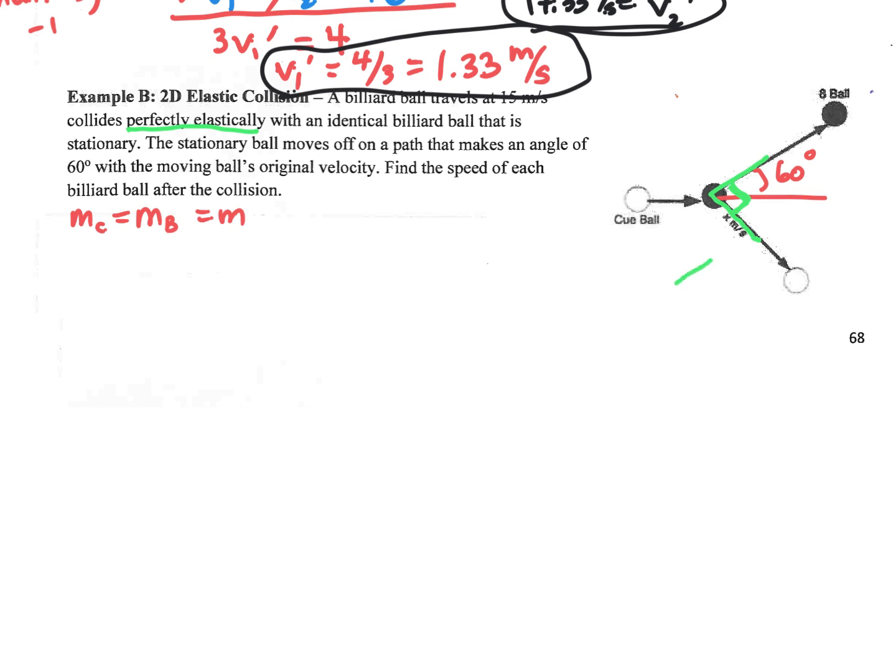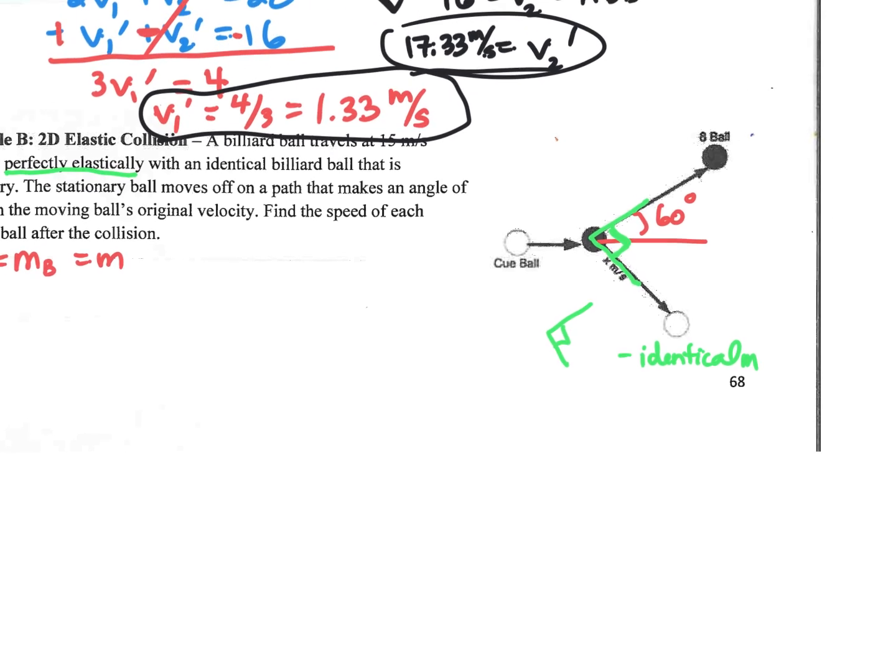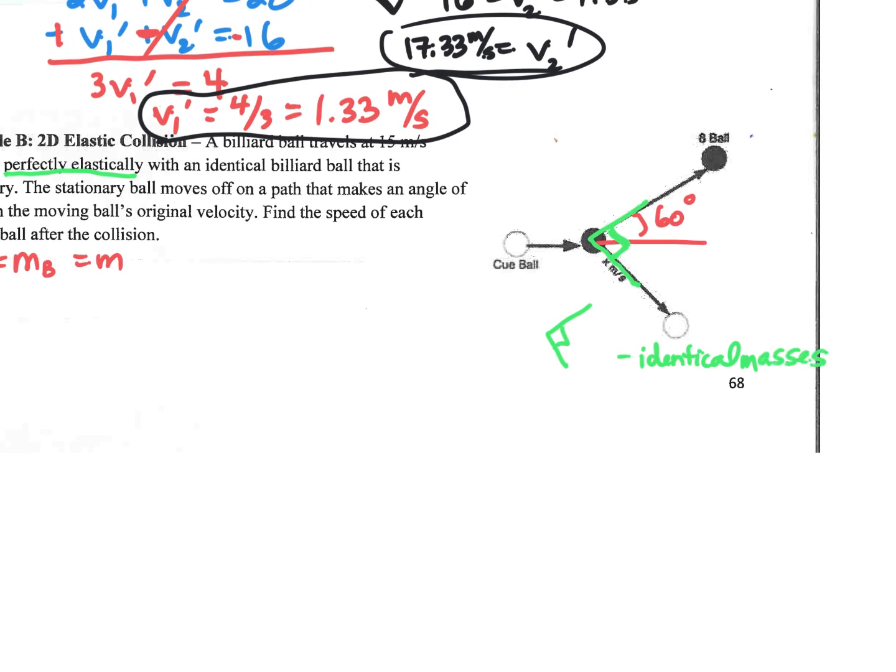So this 90-degree angle happens if they are identical masses, and if one of the objects was at rest. Okay? And then finally, only if it is perfectly elastic.